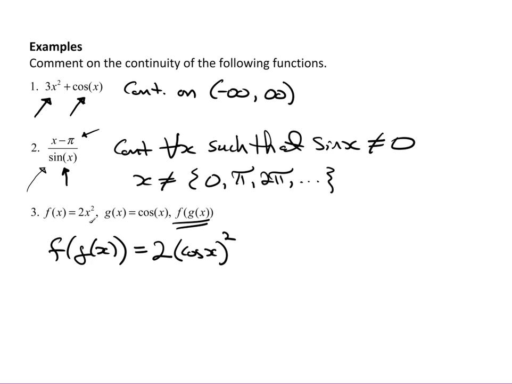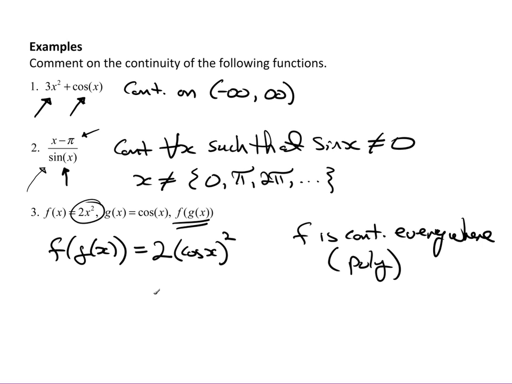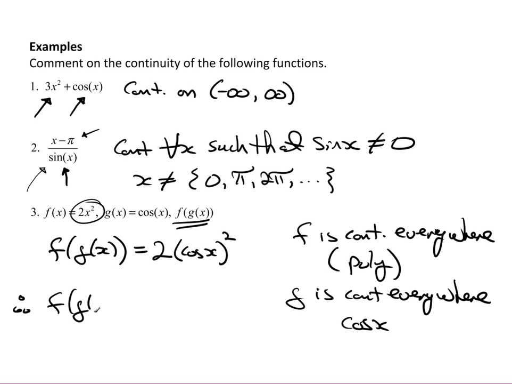Now, this is continuous everywhere. f is continuous everywhere because it's a polynomial. g of x is cosine, and remember, cosine and sine are continuous everywhere. Because of that, therefore, f of g of x is continuous everywhere.